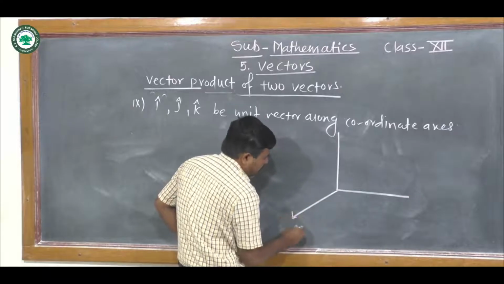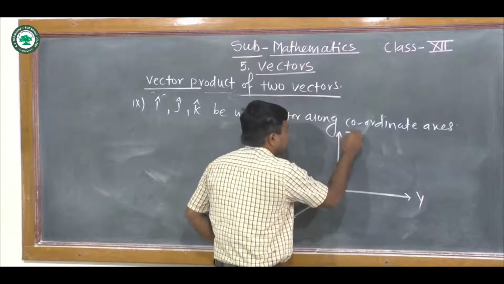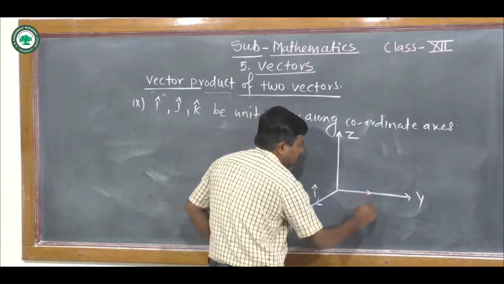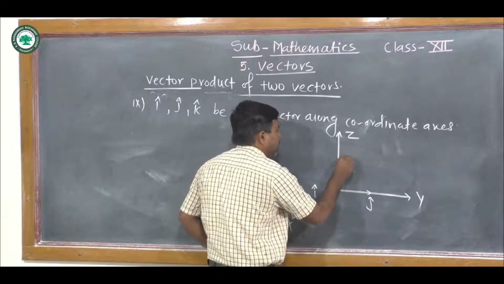So this is the x axis, y axis, z axis. Along the x axis we have unit vector i cap, along the y axis we have unit vector j cap, and along the z axis we have unit vector k cap.